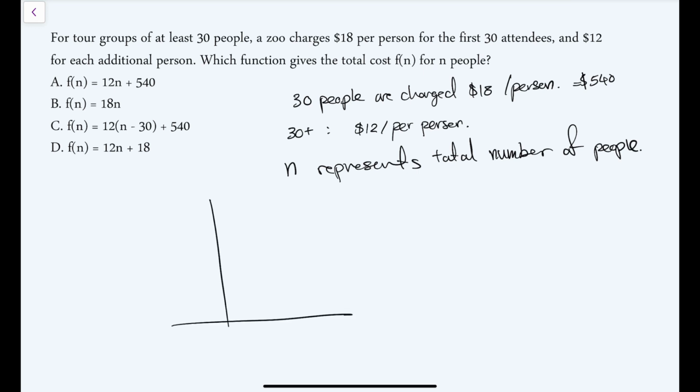So let's say N people, this is the cost. We said if 30 people come, it's $540, no matter what, right? It's a flat rate. And again, if 0 people come, it's $0, so it passes through the origin. Now, any amount after that, we're going to add $12 per person. So it's going to be increasing somewhat. Whatever happens here, and it's going to be plus 12 for every single additional person.